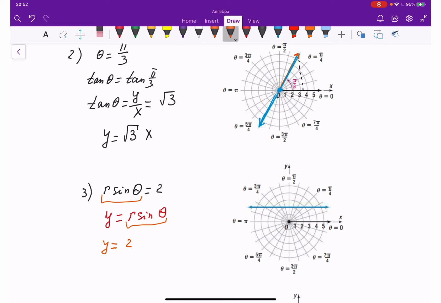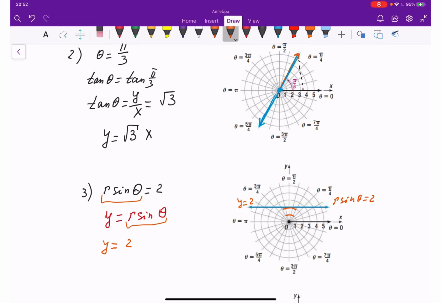Once we write that y equals 2, it's going to be a horizontal line. Here it is with distance 2, this is the first circle and this is the second circle. Distance is 2, and this is our r sine theta equals 2, or on this end we can write y equals 2.